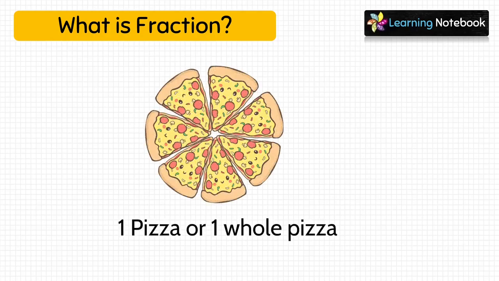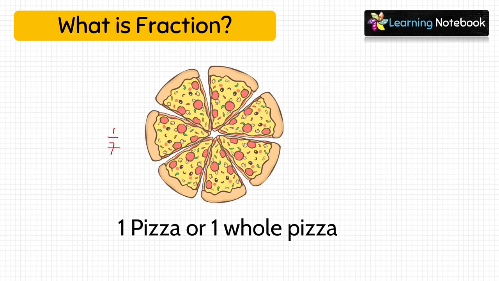Now students, let's consider this whole pizza. This pizza consists of 7 equal parts. 1, 2, 3, 4, 5, 6 and 7. So this means each part equals 1 by 7.